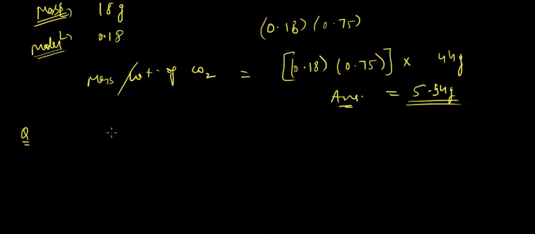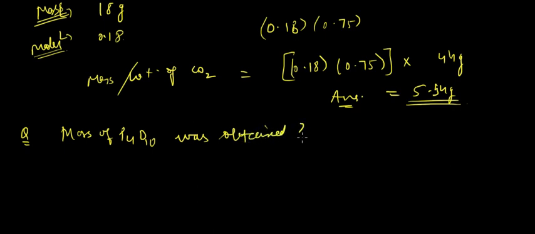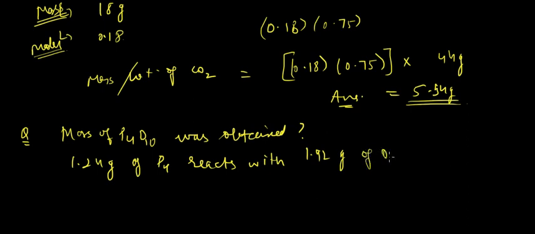So here we have a question: what mass of P4O10 is obtained when 1.24 grams of P4 reacts with 1.92 grams of O2?